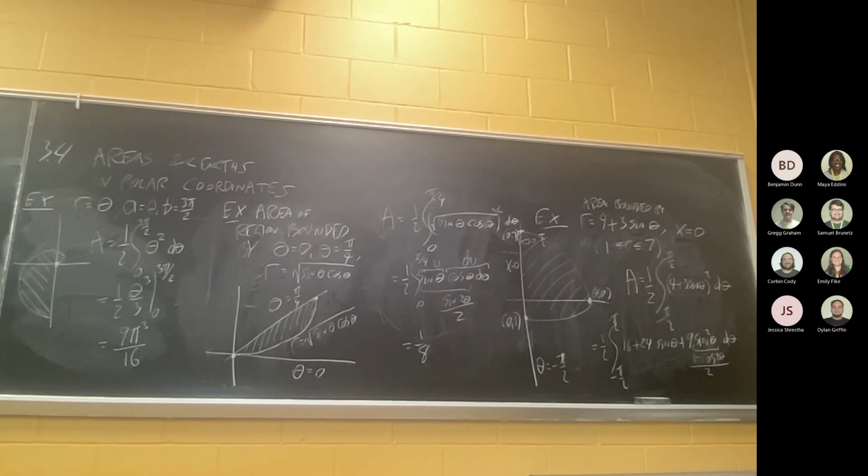Okay. Can anyone tell me why I can ignore that term? Well, technically it would be zero, but there's more to it than that. How do you know you get 0?